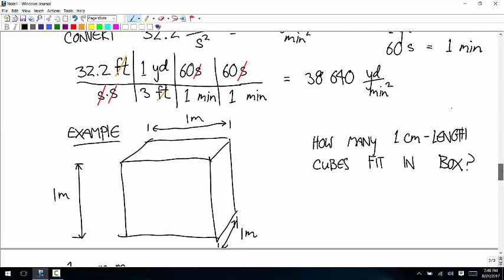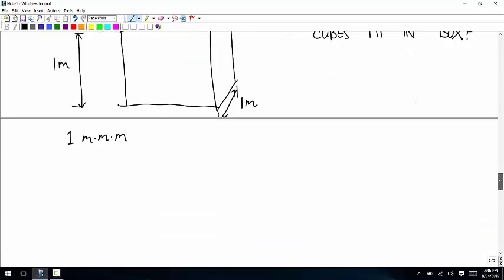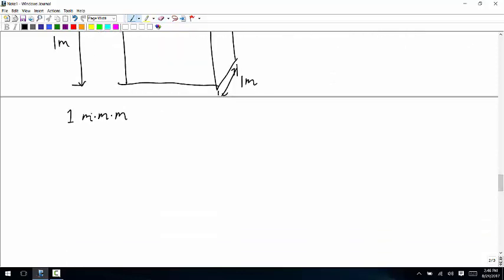Well, I should have said this, maybe you remember this: 1 meter is 100 centimeters. So we're going to use the equivalence that 100 centimeters is 1 meter.